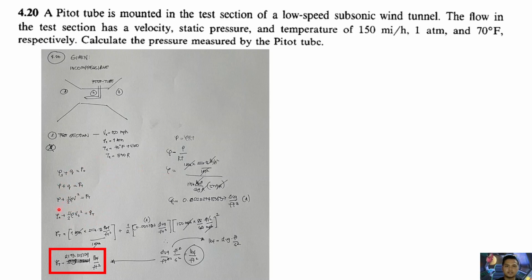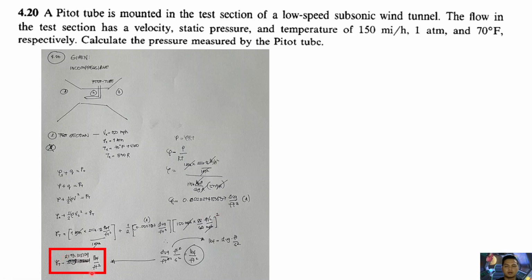So, dito sa equation natin, kumpleto na. P sub 2 plus 1/2 rho V squared sub 2 is equal to P sub T. Tinama ko lang yung subscripts. So, P sub T, the total pressure or pressure measured by the Pitot tube, we have 1 atm times 2116.8 psf over 1 atm, plus 1/2 times the density 0.00232748337 slug per cubic foot and velocity 150 miles per hour times 88 over 60 feet per second per mile per hour, squared.